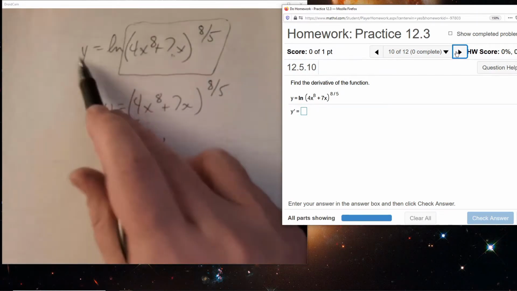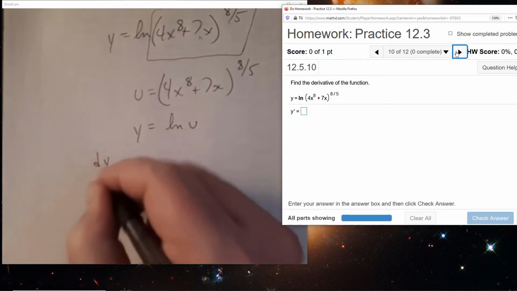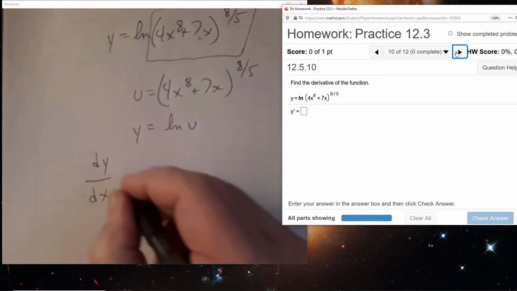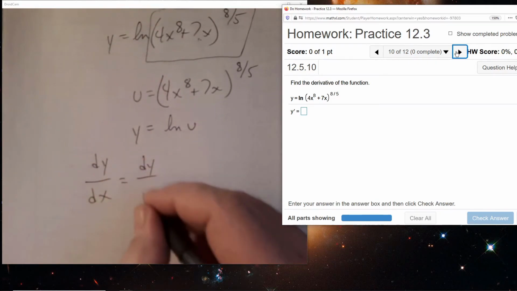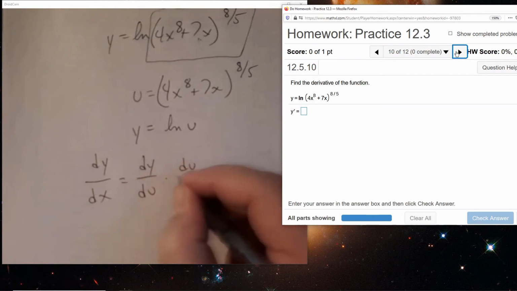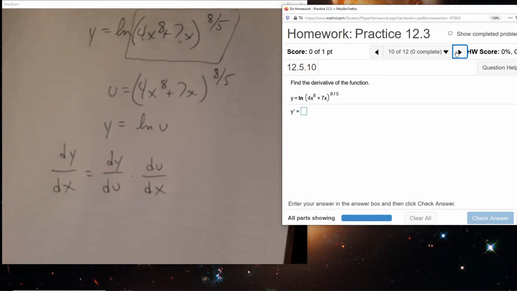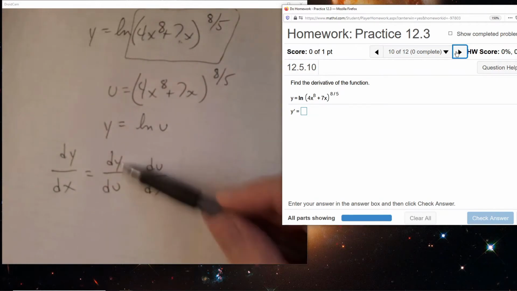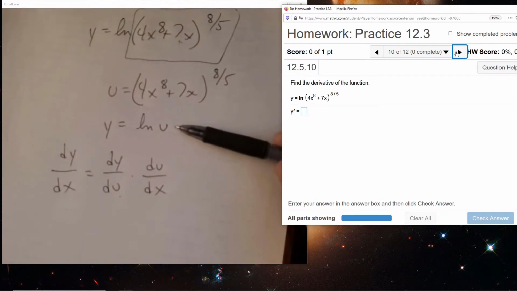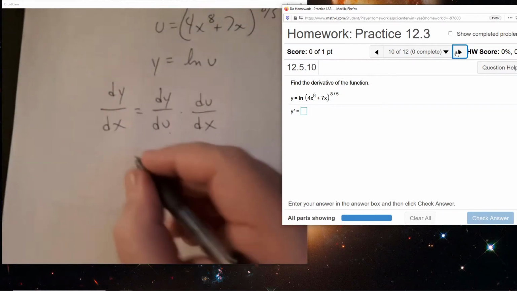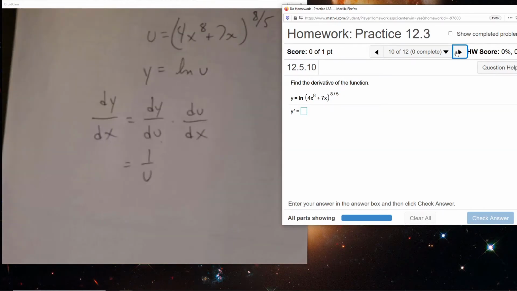We'll look at the letters we have, y and x. So the derivative here is dy dx. In terms of the chain rule, so dy du, here's y. The derivative of log u is 1 over u.